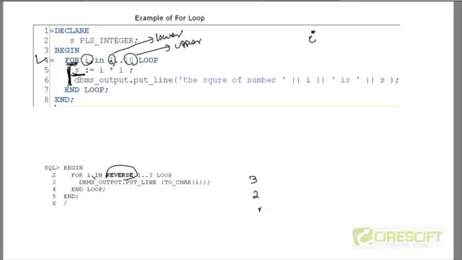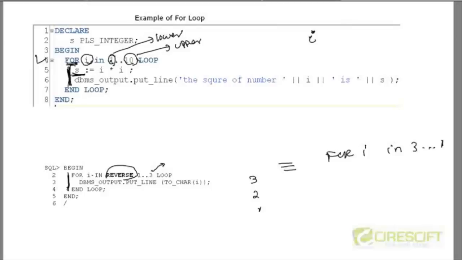What is going to happen? The first time, the value of I will be the upper bound. So basically, this is equivalent to writing for I in 3, 1. Reverse starts from the upper bound.